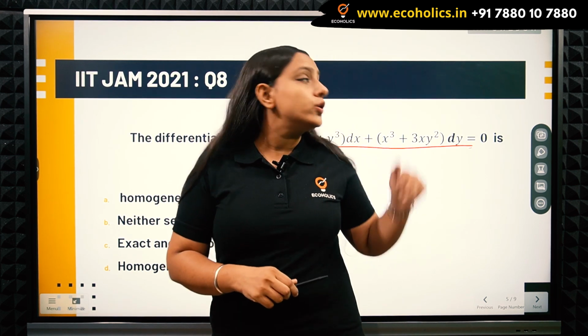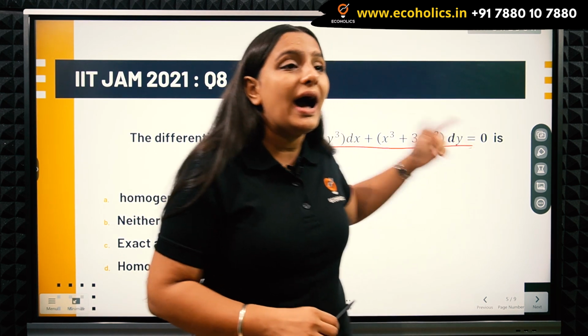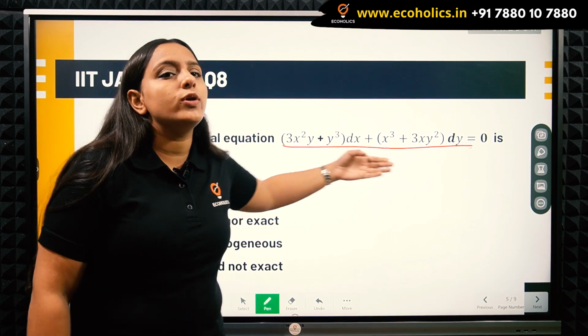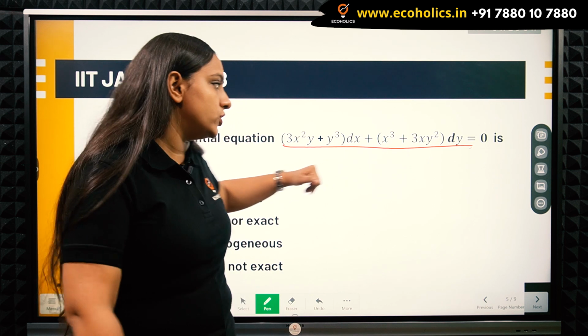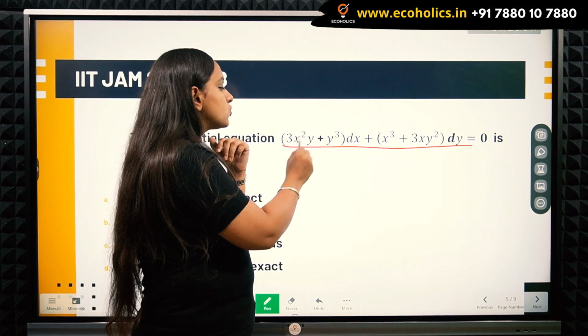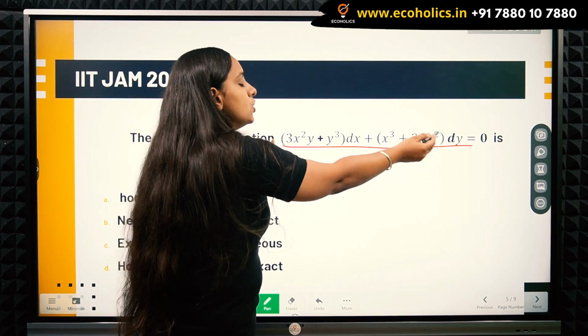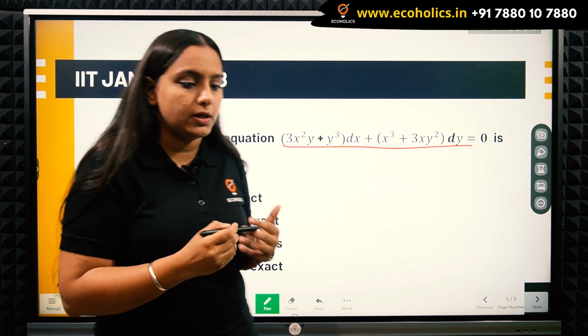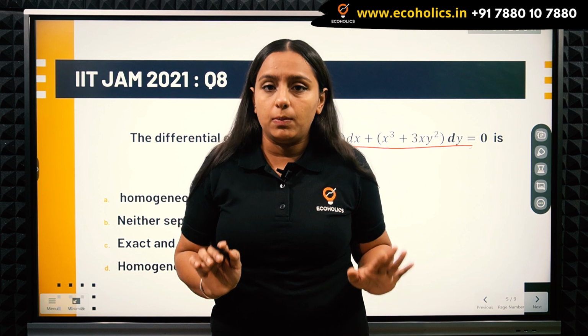So if I look at the equation given to me, by just looking at the equation, what I can tell is that this equation is going to be a homogeneous equation. Why? Because I have 3x square y and then this term. So what I can observe from here is that it cannot be separated. So it cannot be a separable equation.